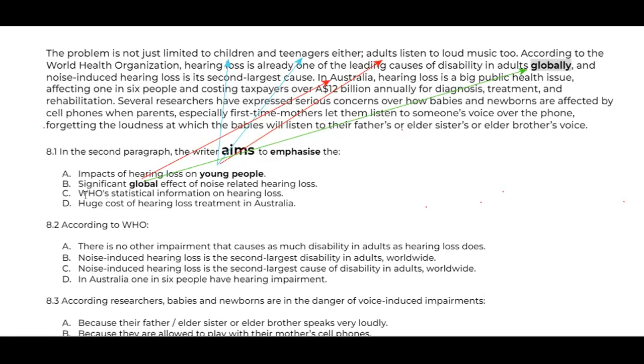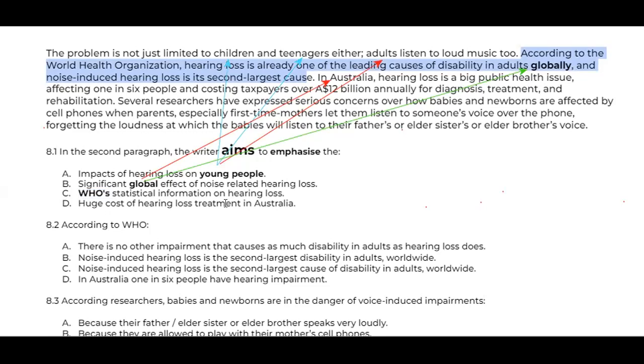WHO is not very important here, because the question is what is the aim and what is the emphasis. So can we simply say the WHO's guidelines are the most important part here? Because WHO comes basically in just one sentence. So an information found only in one single sentence, how can you say that this is a main aim and this is a main emphasis?